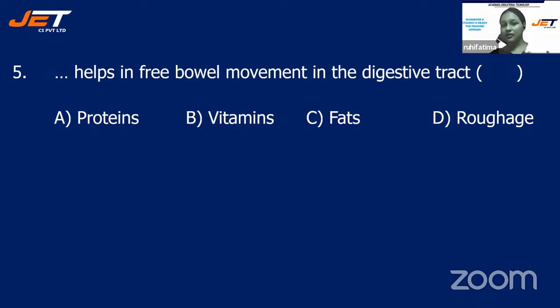Time's up. I have got many answers saying roughage. Somebody is saying fats also, but fats is not the correct answer. Roughage is the correct answer because it contains lots of fiber and it helps in easy bowel movement from the digestive tract.